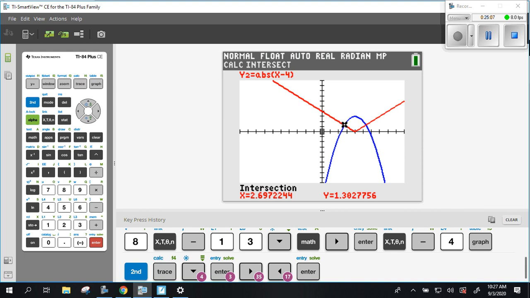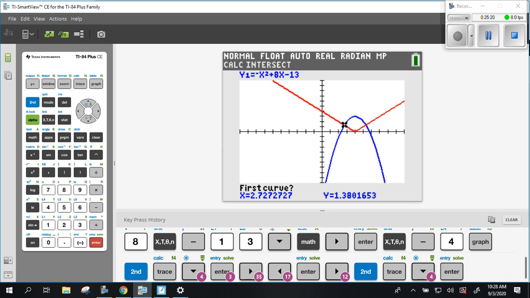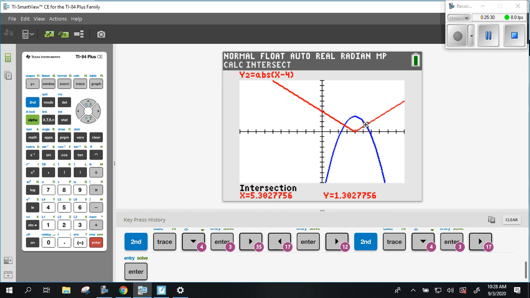We've got to go back to second calc, back to intersect. Just tell it okay, it's smart. It knows what curves we're talking about. And we're going to say, this is what we think it is. And it found it for us. It has an x coordinate of 5.303 and a y coordinate of approximately 1.303.